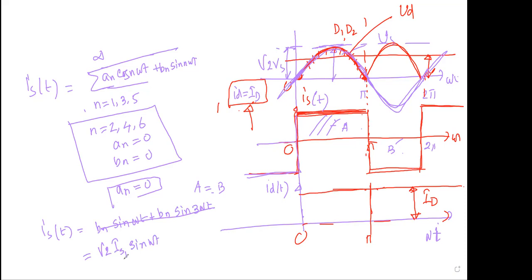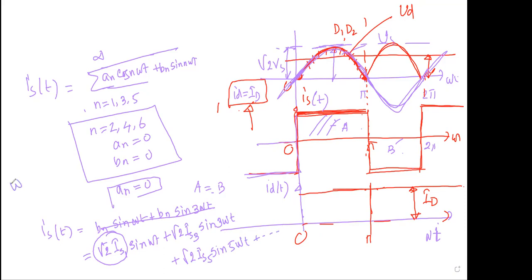IS1 means this is the RMS value of the input source current, and root 2 means this is your IM, the maximum value. Then you will get root 2 IS3 sine of 3 omega t. Then you will get root 2 IS5 sine of 5 omega t, etc., right?